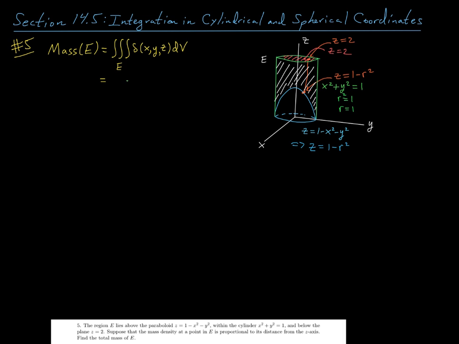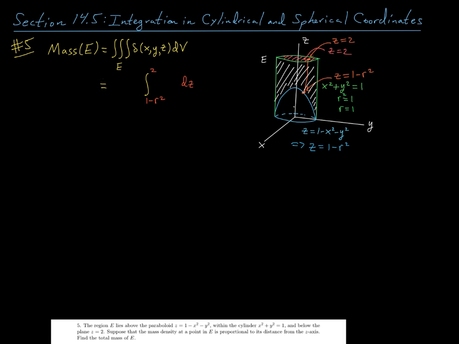So I'm going to set this up, and I want to make just a little more space here. I'm going to leave a little space for my density function. For the z bounds, we're letting z go from 1 minus r squared up to 2. Then let's think about the region in which r and theta can vary.